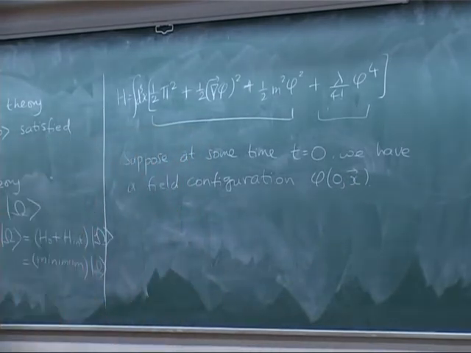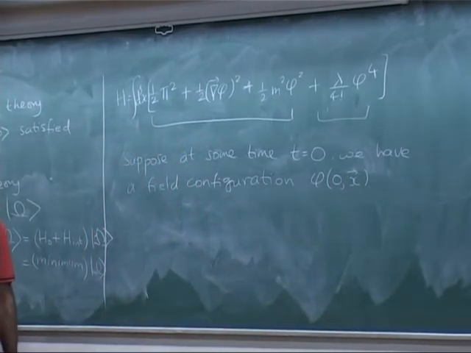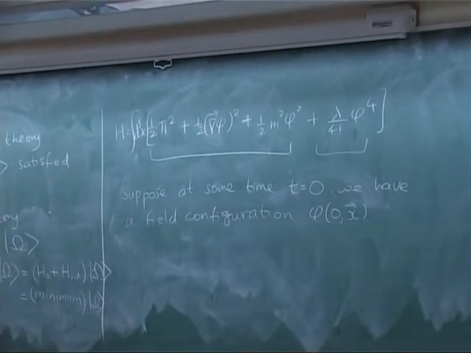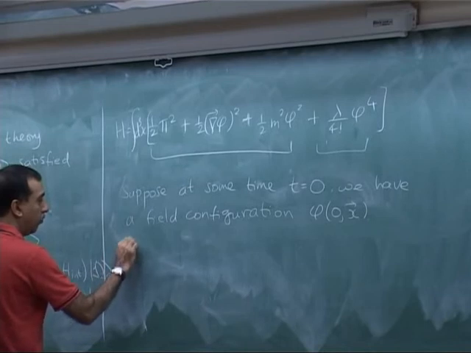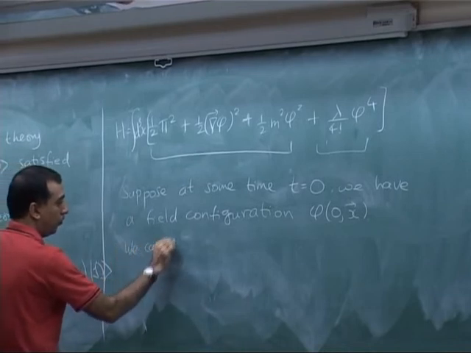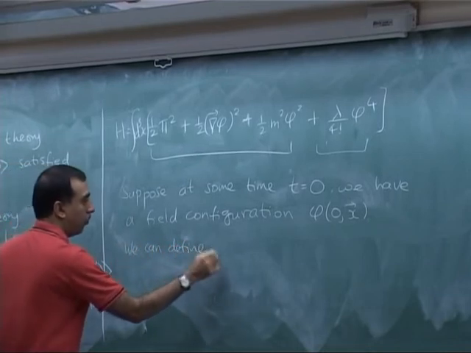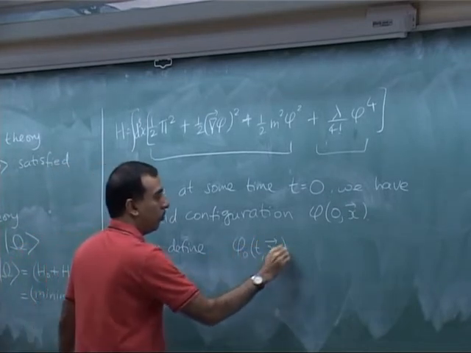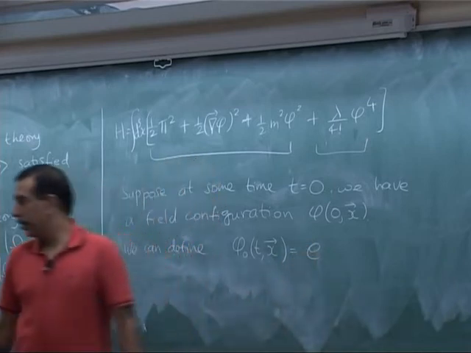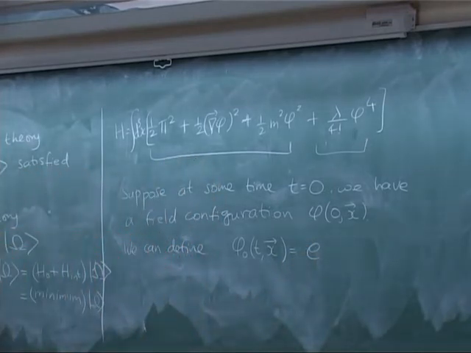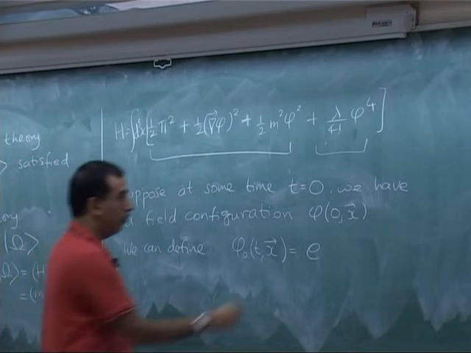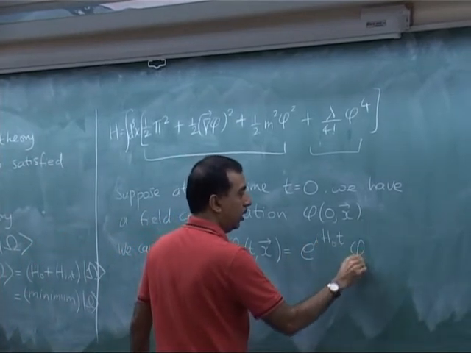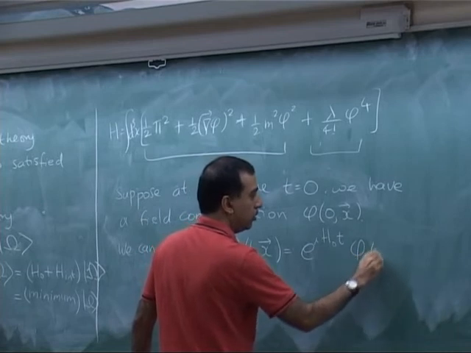And now supposing we want to study its time evolution. This is in this interacting theory. We can define phi 0 of t and x to be e to the i H 0 t phi of 0 and x.